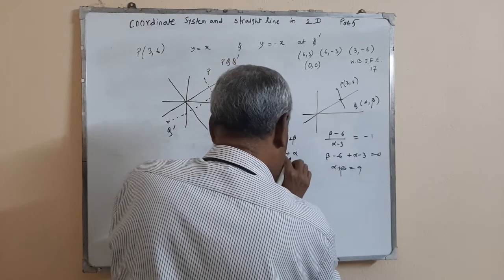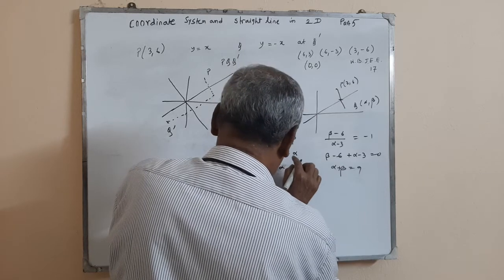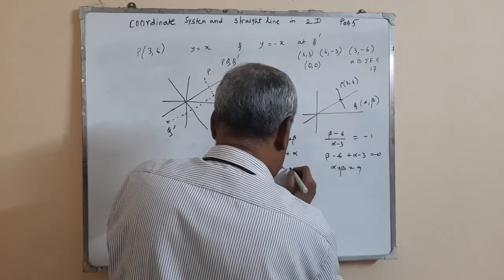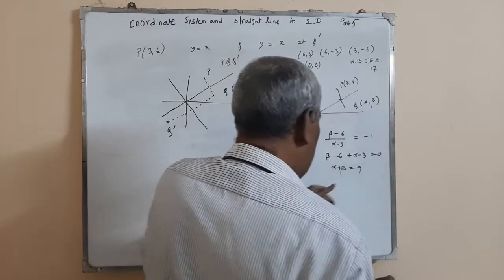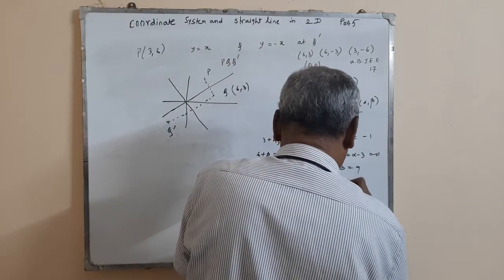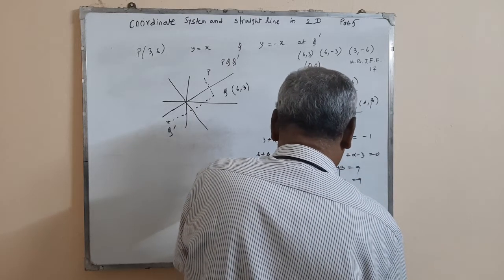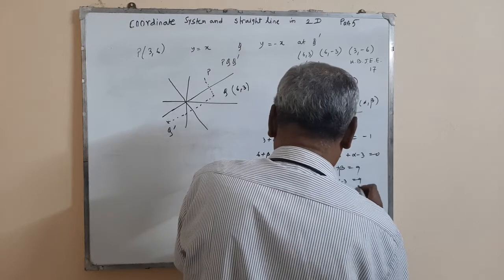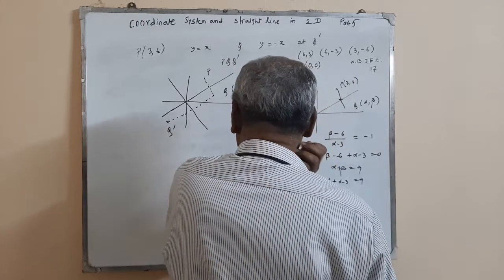Putting that there, we get alpha plus alpha minus 3 is equal to 9. So 2 alpha is equal to... I have mistaken somewhere.